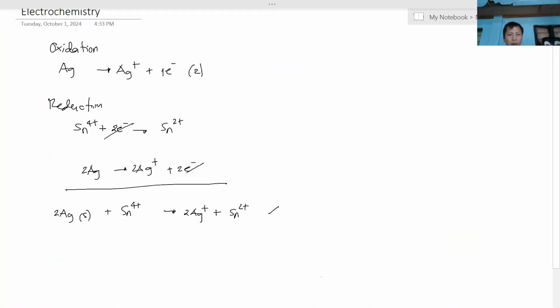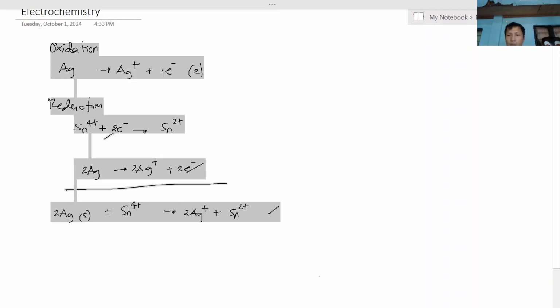So letter B, Al to Al3+. That is oxidation, the loss of electrons. So you have to put 3 electrons here.